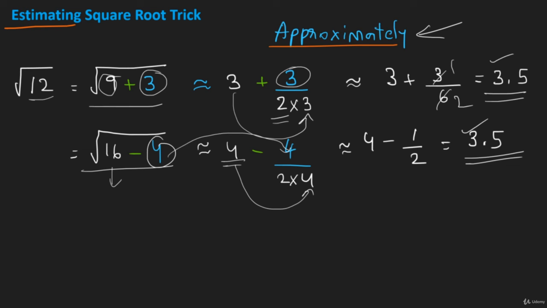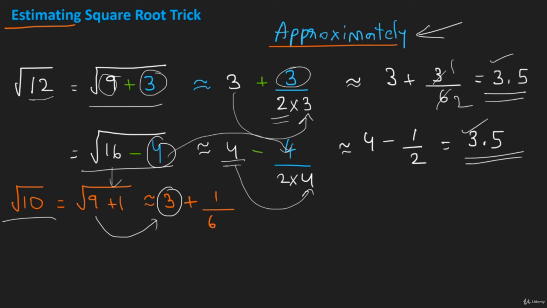All right, now say you want to do square root of 10. You can see that 3 square is 9, right? So therefore I can write square root of 10 as square root of 9 plus 1, right? Now over here this will be approximately 3 plus 1 by 6, right? This 3 comes here because square root of 9 is 3.